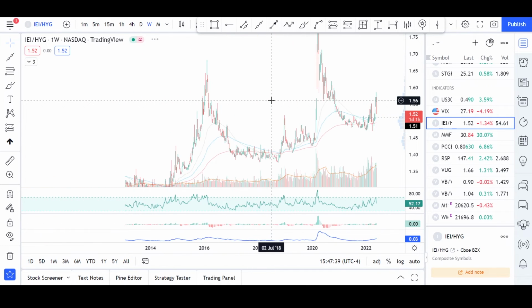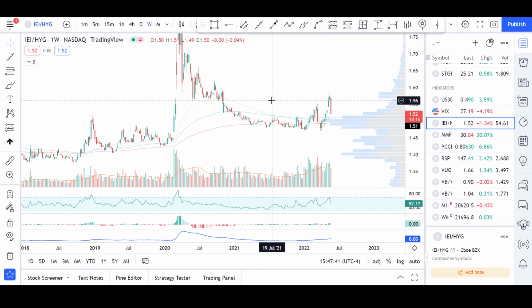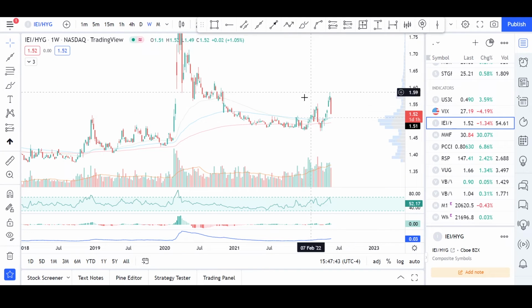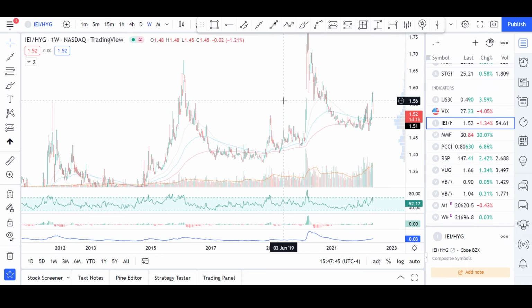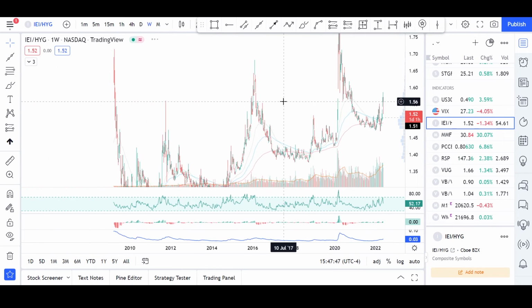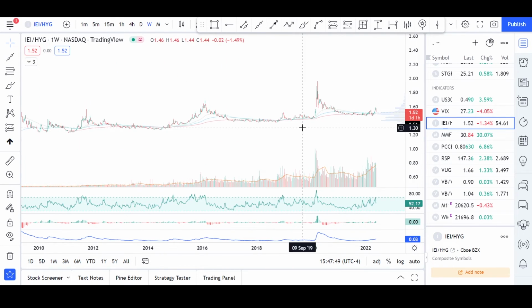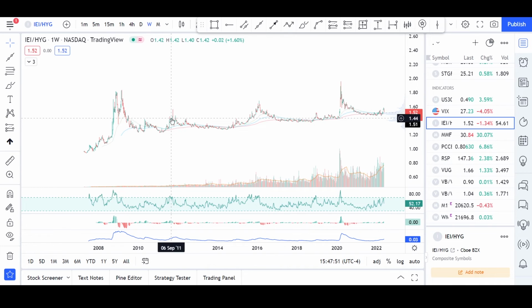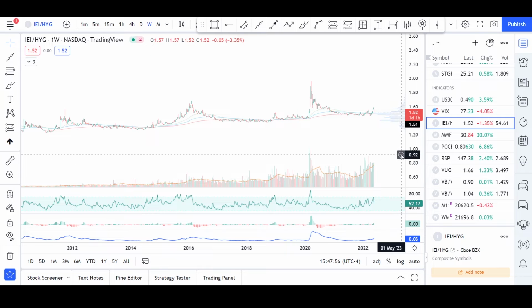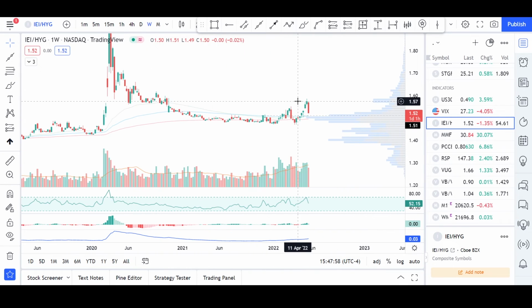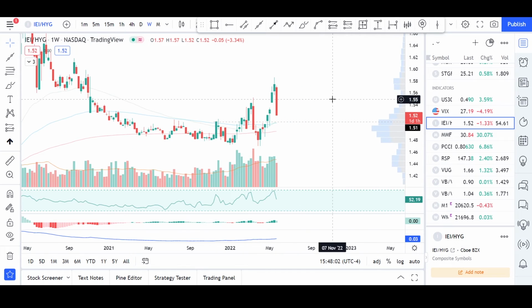Usually the 150-ish area should lead to economic turbulence down ahead, but right now we can observe that this level has been defended, and we are getting back towards the low 150-ish area.